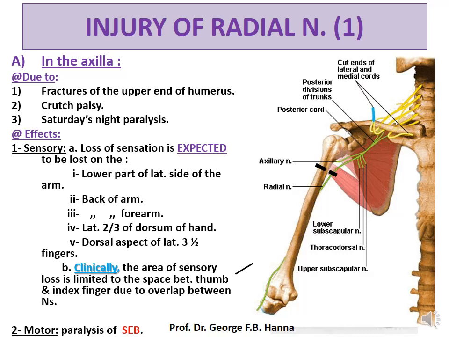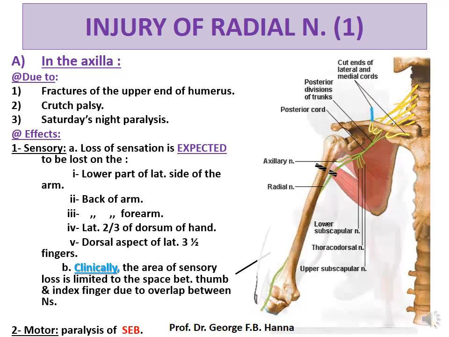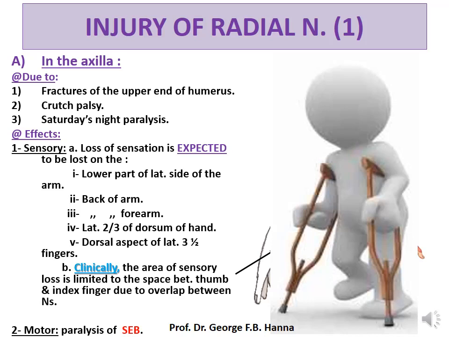This is one cause. The other cause is called the crutch palsy. This is the crutch. Sometimes the crutch is not supplied by hand grips here. So all the weight of the person lies on the handle here, in the axilla. So after so many days of using the crutch, the radial nerve will be compressed in the axilla, leading to its injury.